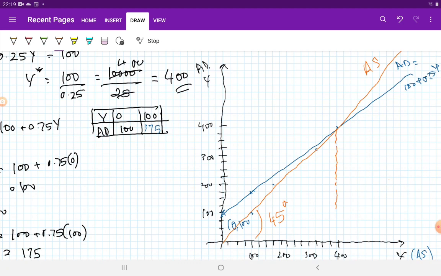So this is my y star, or equilibrium national income level, which is equal to 400.